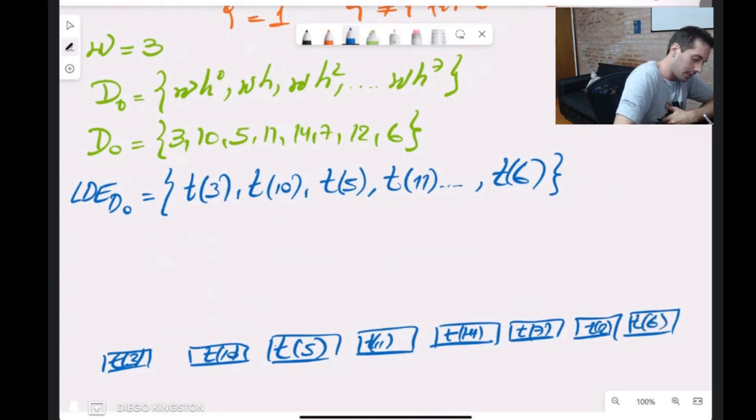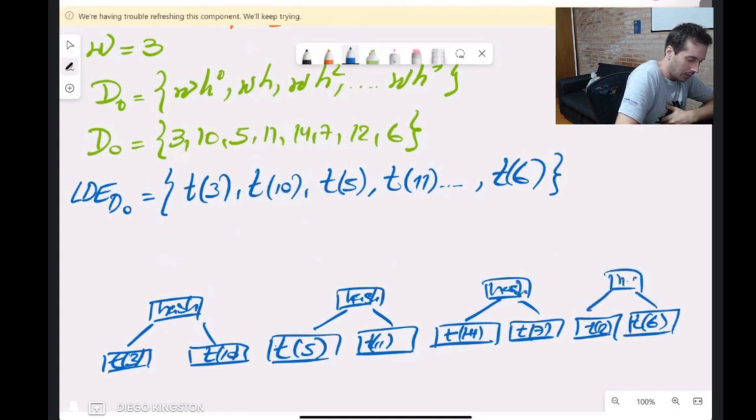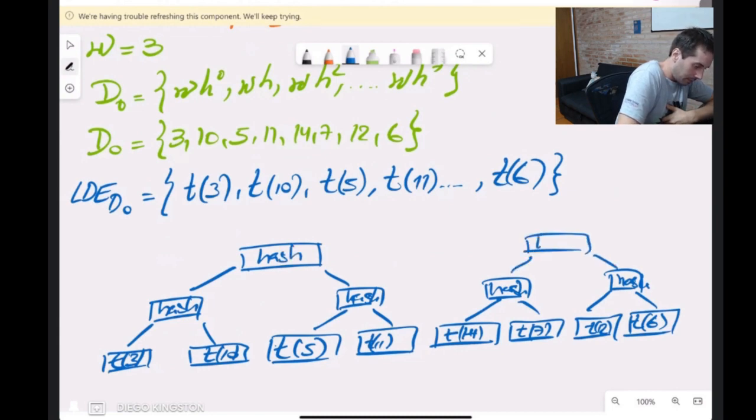What this does is take these two values and produce a hash from these two. It also takes these two and hashes them again. At the next level, we have fewer elements, and now we hash again, and again.